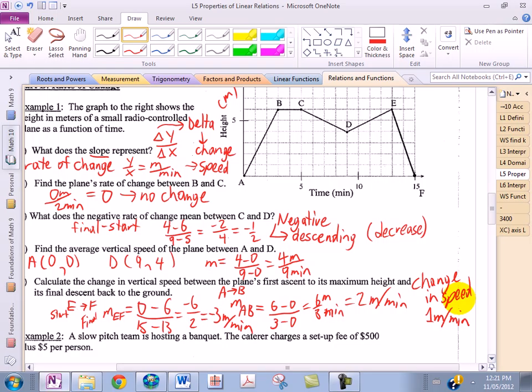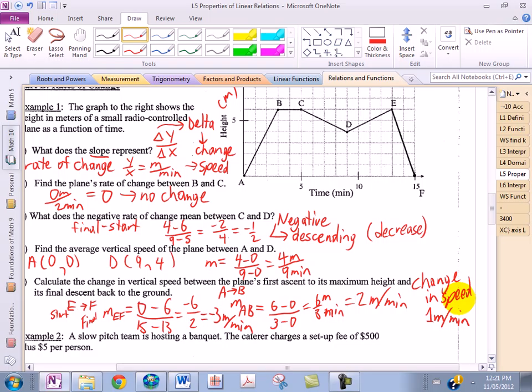Because we're going up at 2 meters per minute, and we're going down at 3 meters per minute. Well, there's only a difference of 1 meter per minute. You have to ignore the negative sign. It just tells you your direction when you're looking at this graph. It's a little weird.